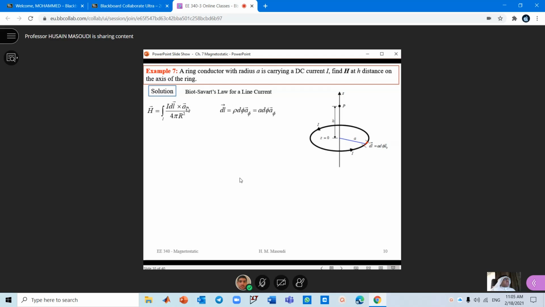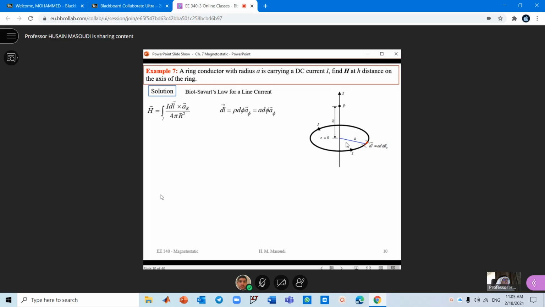And then we need R now. R, the usual definition, from the source to the observation point, due to this dl. So we say that this point minus this point. So we need the vectorial quantity now. Again, it will have two components. Yes, one along az and one along a-rho.